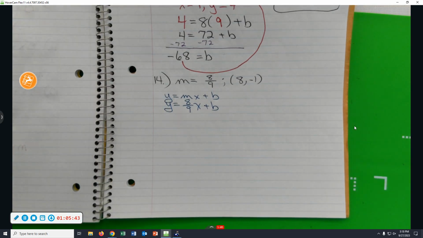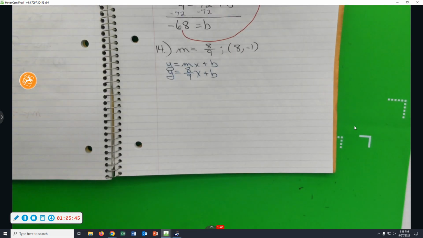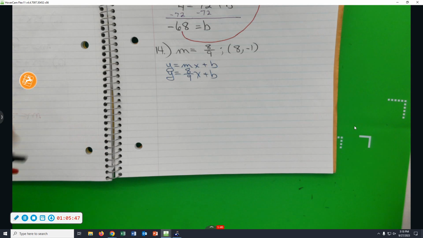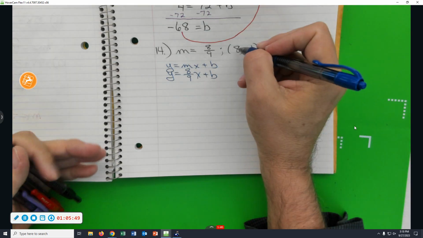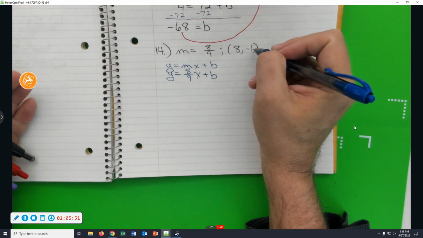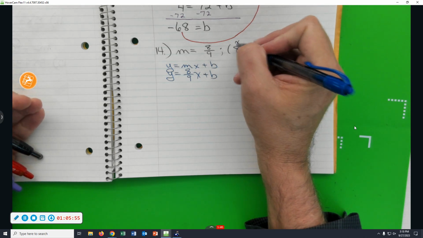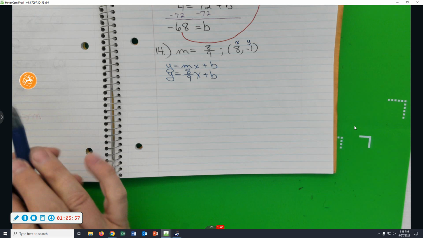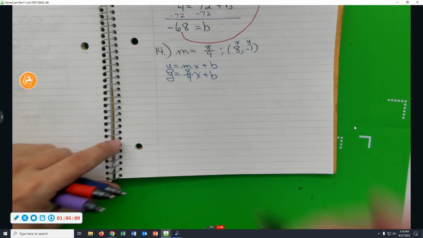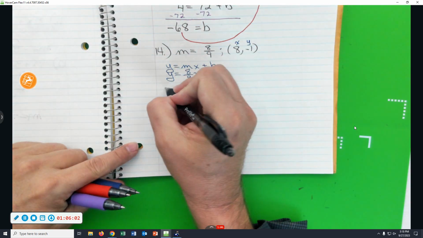What makes this one a little bit more involved than the previous one? The fraction. Okay. But they didn't give us a y-intercept, 0, -1. It's an 8, -1. But we know that's an x and a y. So we're going to plug in -1 for y.